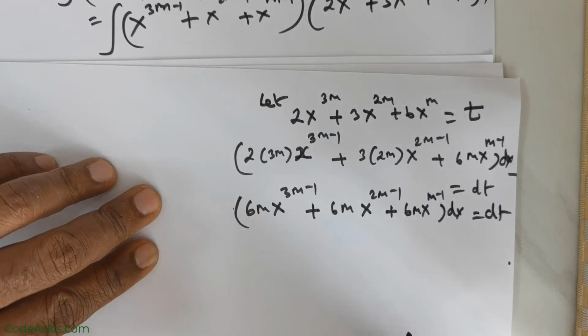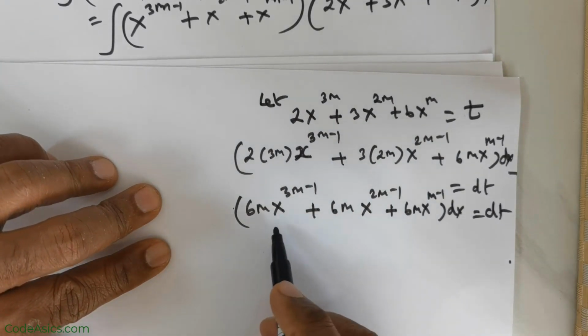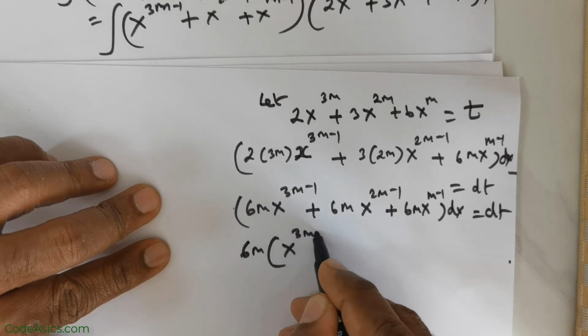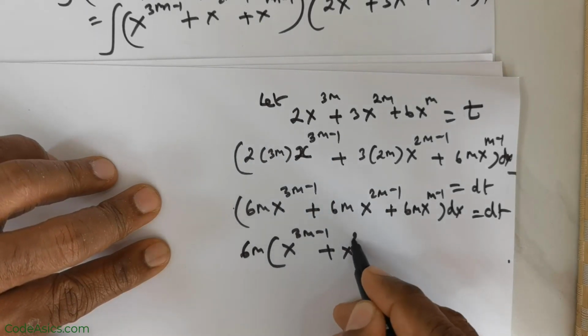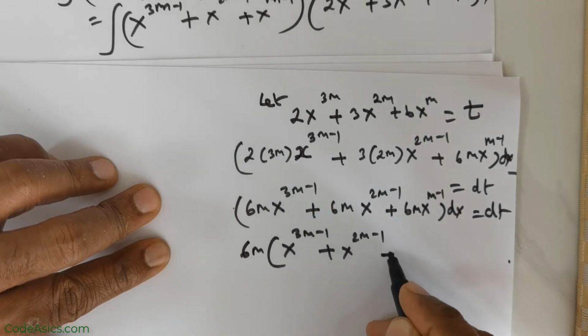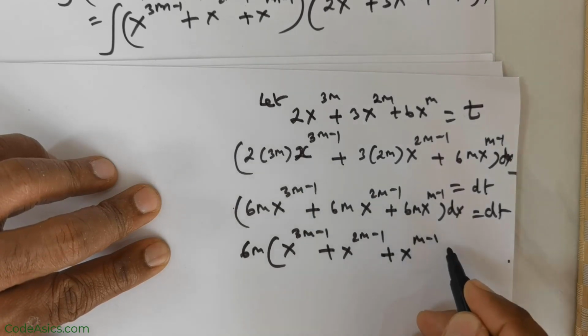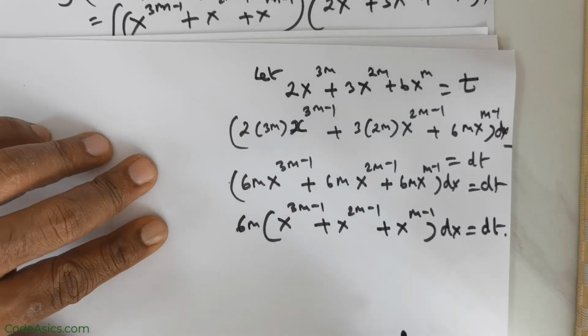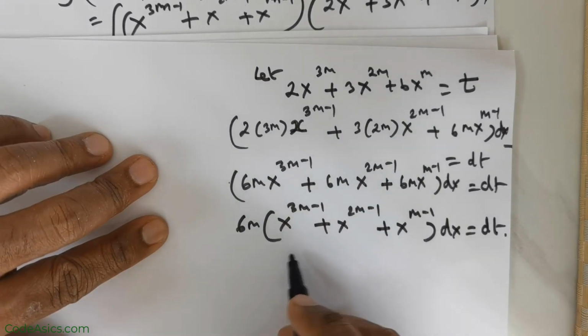Now what I can do is take 6m out. So 6m is taken out. I got x raised to the power of 3m minus 1 plus x raised to the power of 2m minus 1 plus x raised to the power of m minus 1, times dx is equal to dt. Now I need only this quantity.